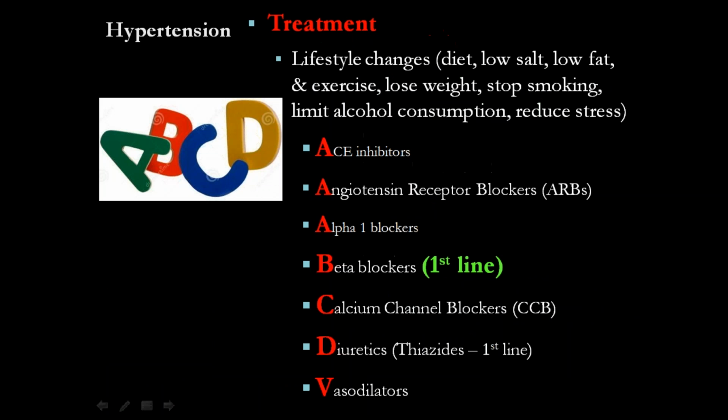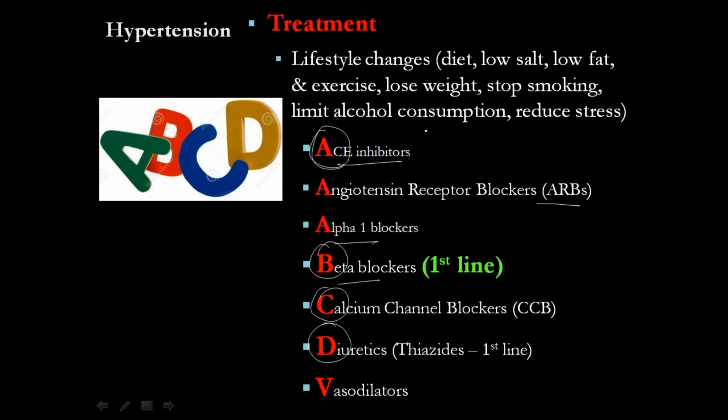All right, let's talk about the treatment. We have A, B, C, D, to make it easy: the ACE inhibitors, the ARBs, the alpha-1 blockers, the beta blockers. But the most common are ACE inhibitors, beta blockers, calcium channel blockers, and the diuretics.